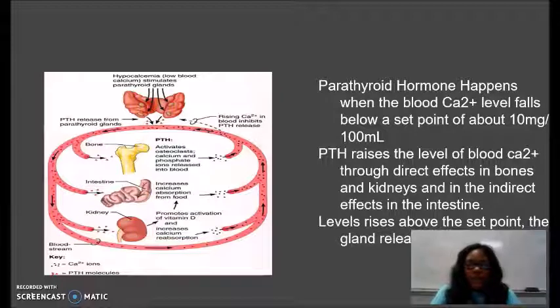This image shows that the PTH raises the level of blood Ca2+ through direct effects in bones, in the kidneys, and the intestines. It promotes the activation of vitamin D and increases calcium reabsorption. It also shows how the PTH activates calcium and phosphate ions released into the blood.